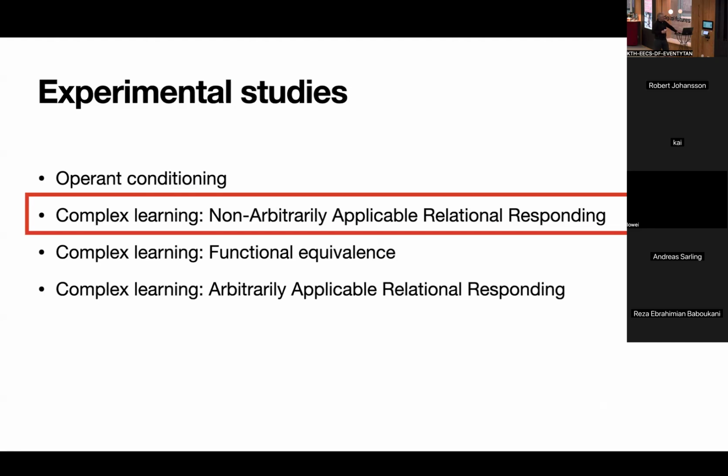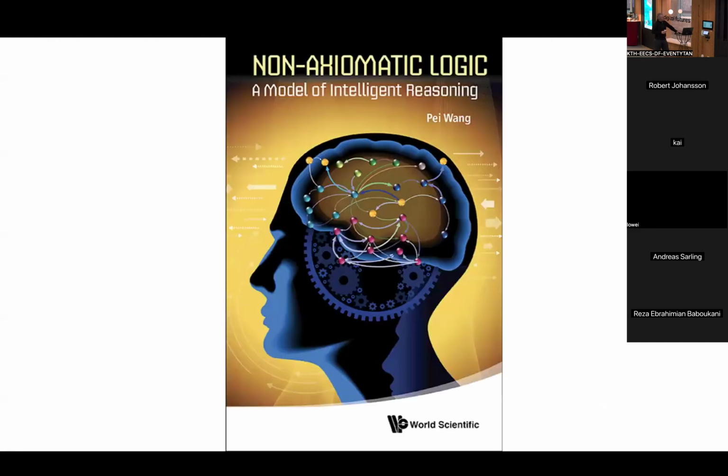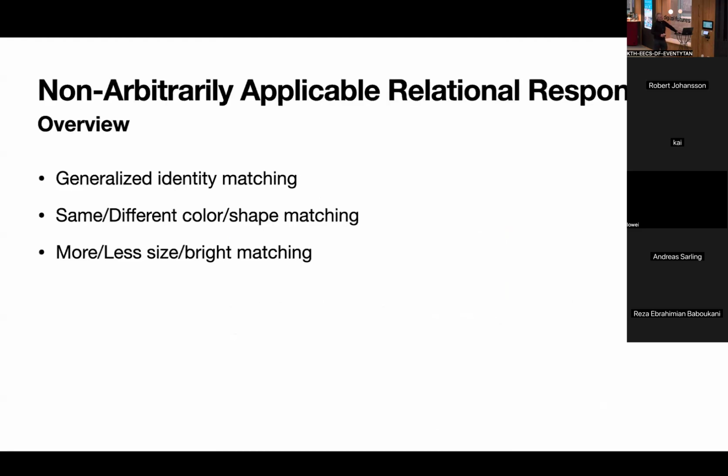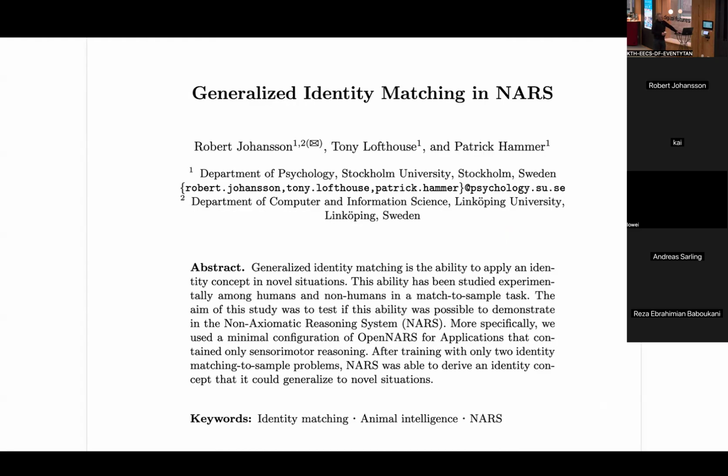So next level of difficulty. If we add what Pei Wang calls variable terms, the mechanisms of abstraction, we can get generalized identity matching. And this is a paper we published at the 2022 AGI conference.